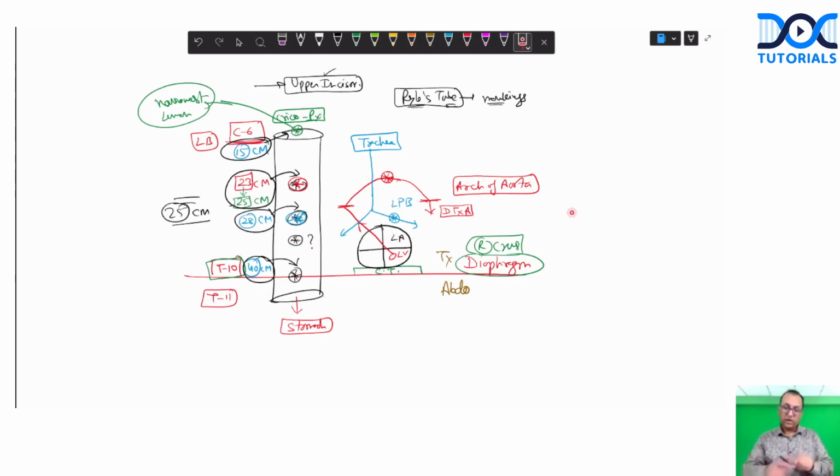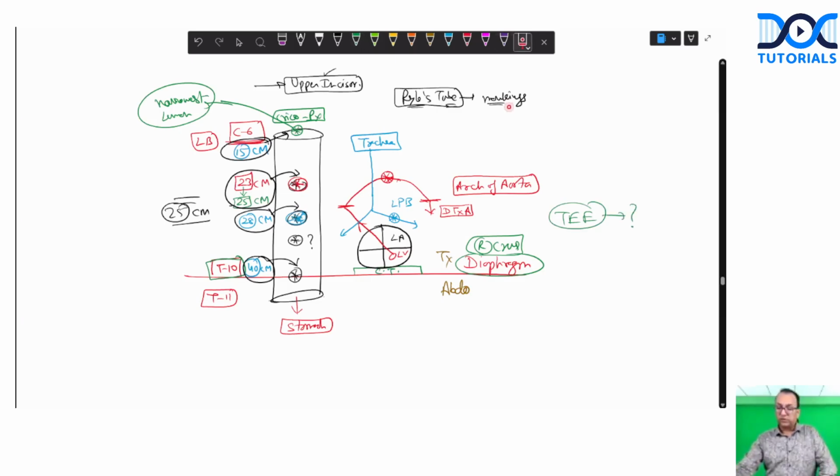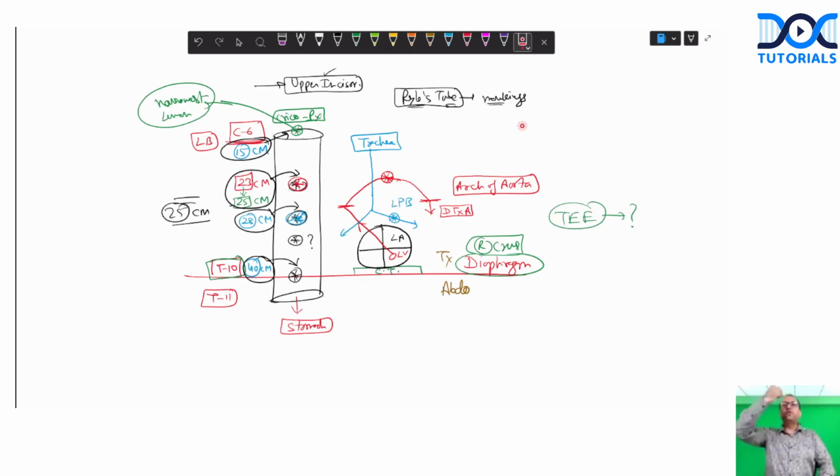One question came: when you are doing transesophageal echocardiography, which chamber do you see first? Transesophageal echocardiography means you are putting a tube into the esophagus, and you are searching for the chambers of the heart. You can see all the four chambers, obviously.